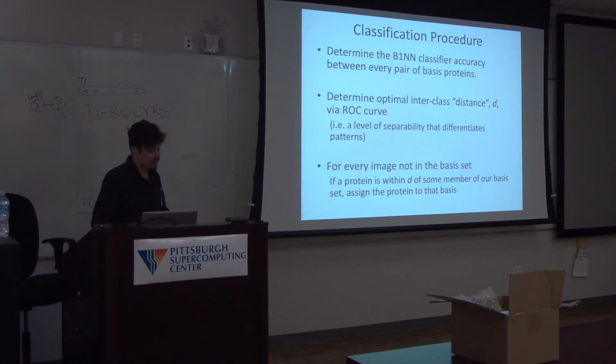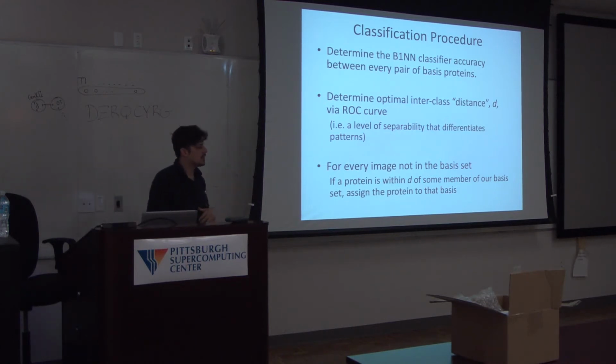And we performed a relatively simple balanced one nearest neighbor classification procedure with the members inside of our basis set, and from that determined an optimal threshold for similarity for these groups of cells.